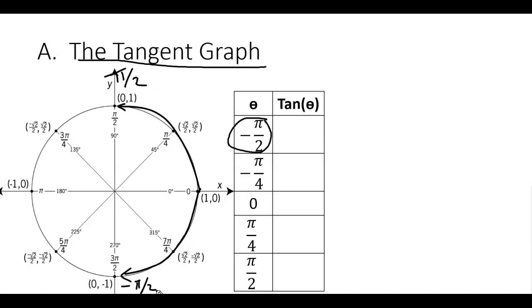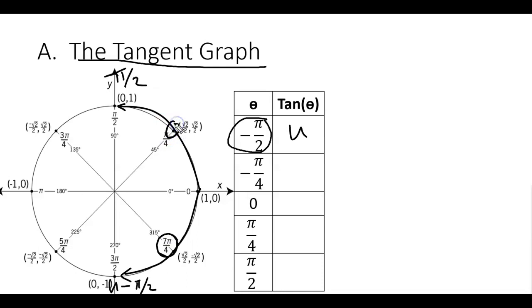Now, you have to have out your tangent unit circles. If you don't remember what the tangent values are at these points, it's a lot easier if you just have that out. At negative pi over 2, tangent is undefined. There is no solution. The next one I want to do is negative pi over 4, which is here.